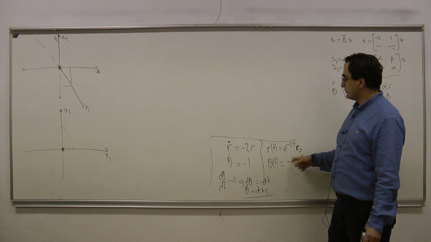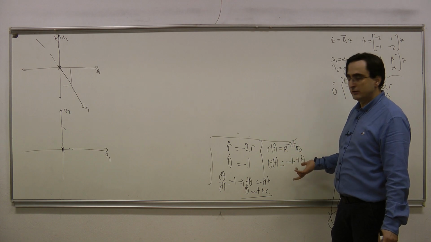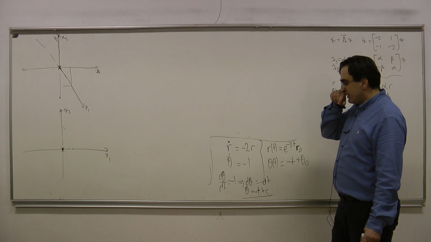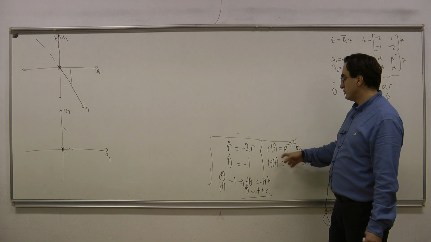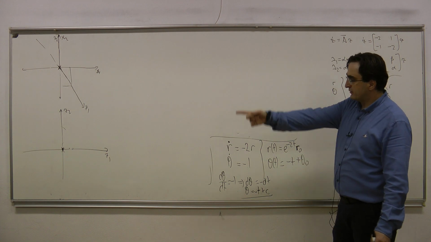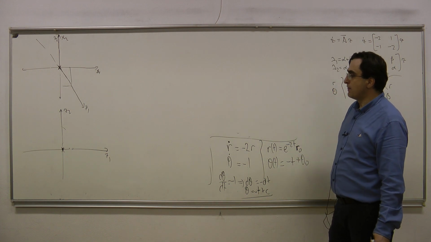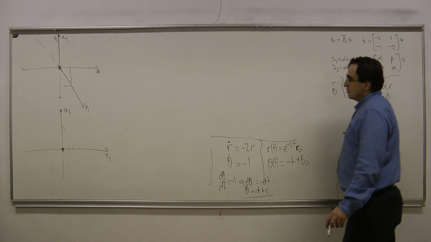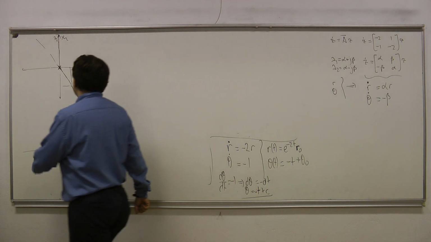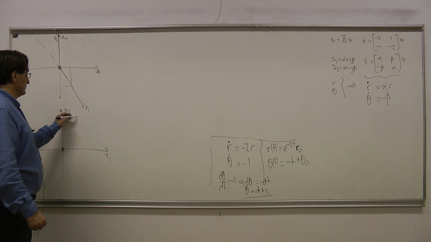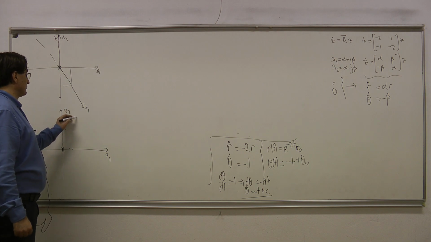Why is that? Because this exponential is converging to 0. The radius is going to exponentially converge to 0, and the state is going to be converging to the origin. Okay? So we would have a rotation in clockwise direction, and the radius would be always decreasing.